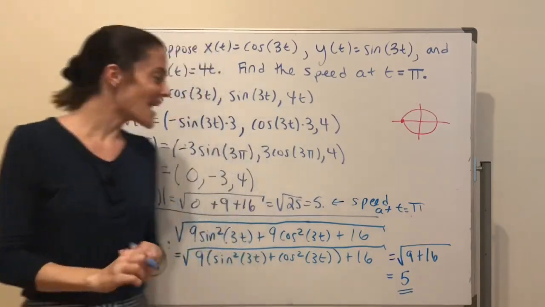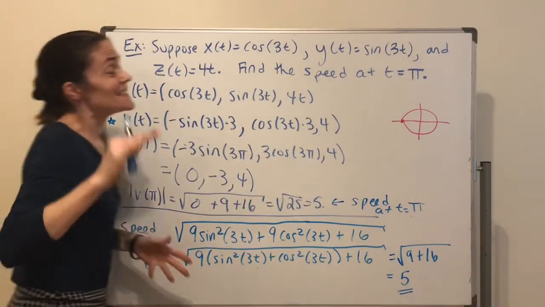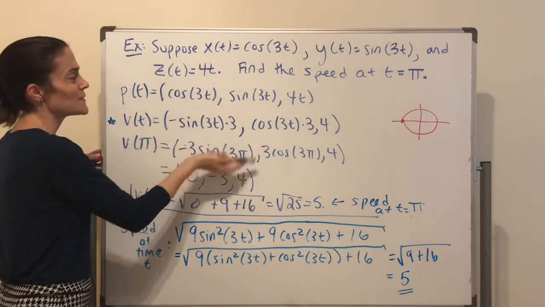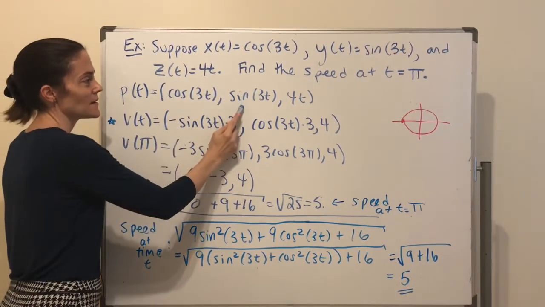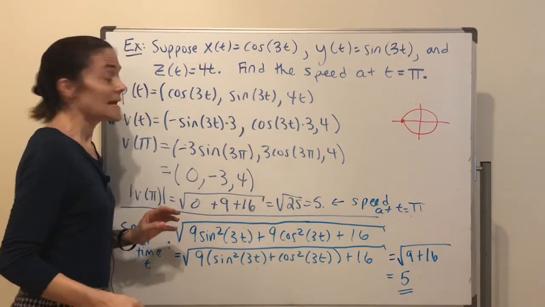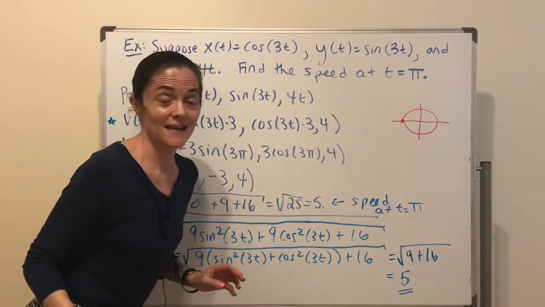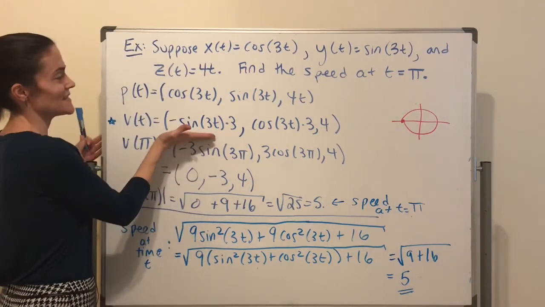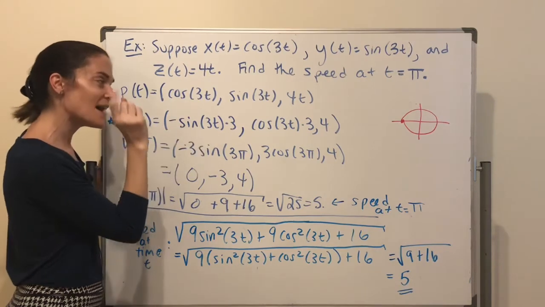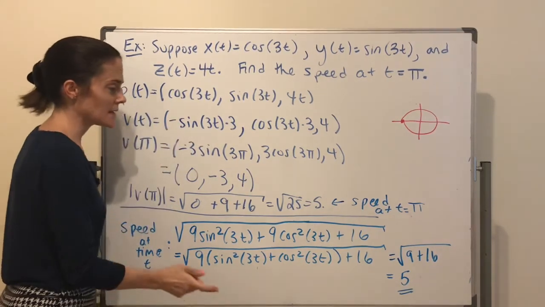This is 5. This particle, whose position is given by cosine 3t, sine 3t, comma 4t, it's not the case that the velocity is constant. The velocity is not. You see, this is not constant, function of time. But the speed is constant.